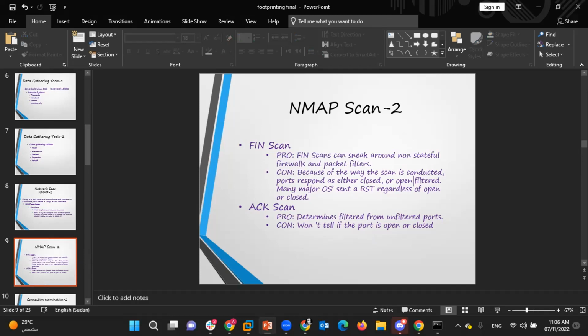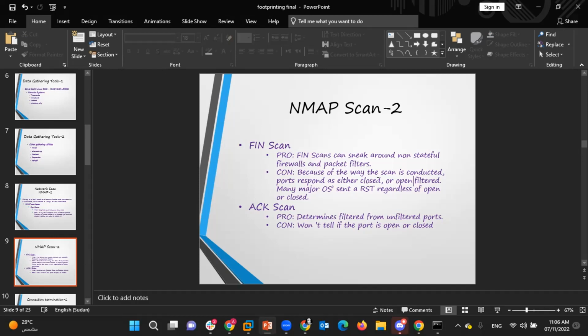This is the advantage for this scan. But the disadvantage is that it is hopeless to use, because of the way the scan is conducted, the port responds as either closed, which is not useful, or filtered.